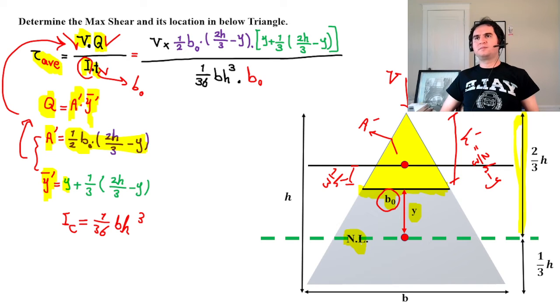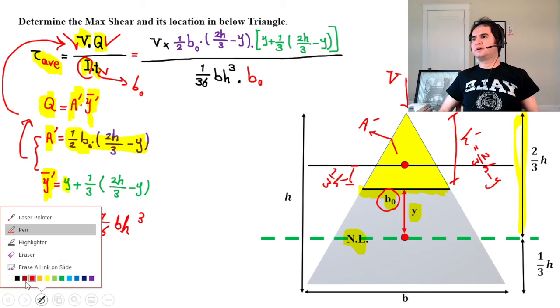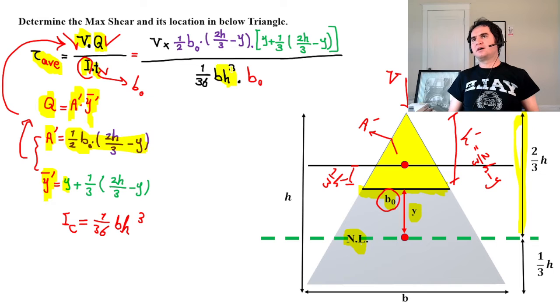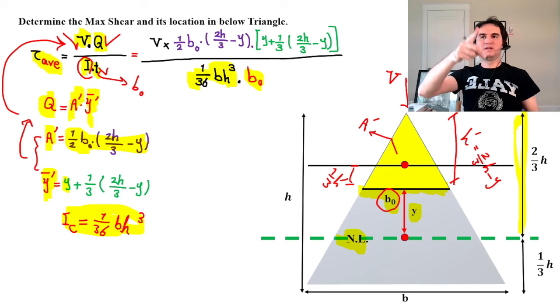By replacing that in the formula, again, this is a bar for a triangle based on the centroid, and B naught is the thickness of our yellowish element at the top.